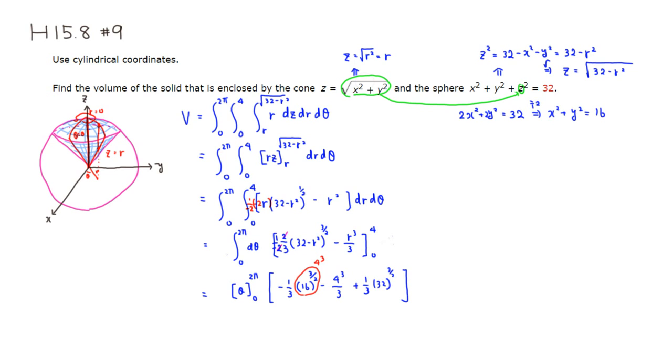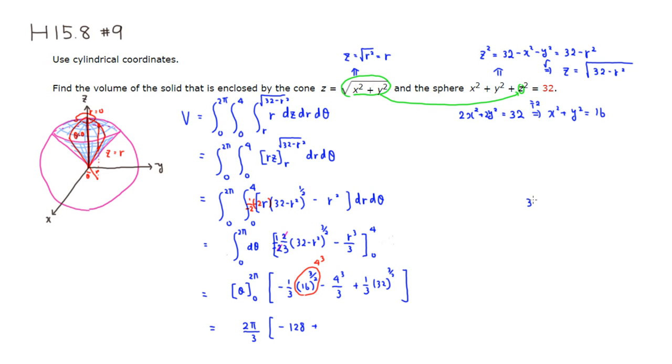I'm going to put the 2 pi here. It looks like 1/3 is in common, so I'm going to pull out the 1/3. Then you're going to have negative 64, and another 64, so it's going to be minus 128, and then here plus, what's this guy?